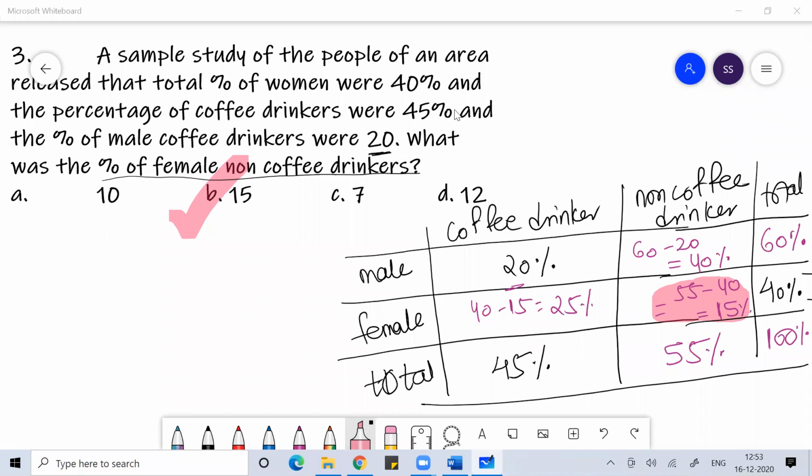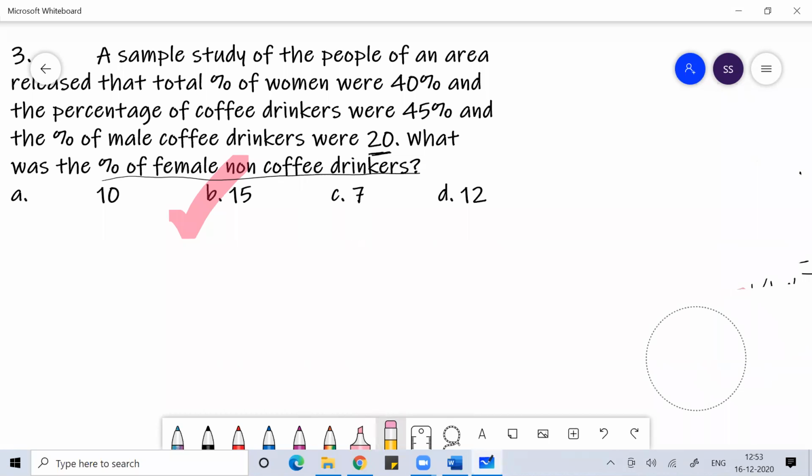Okay, see this everyone. In this question, it is like a table based problem. So given coffee drinker and non-coffee drinker.